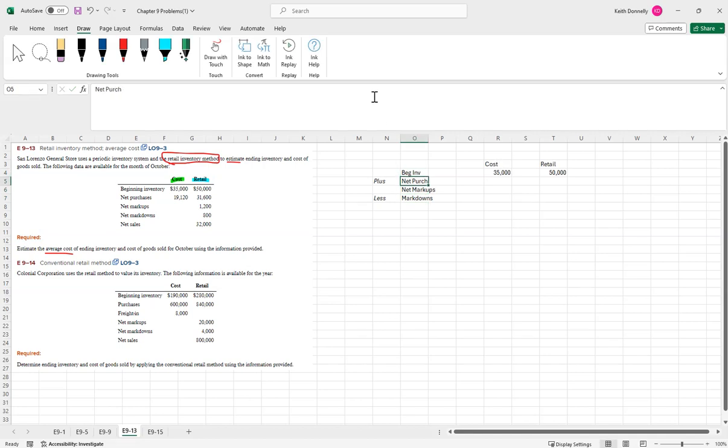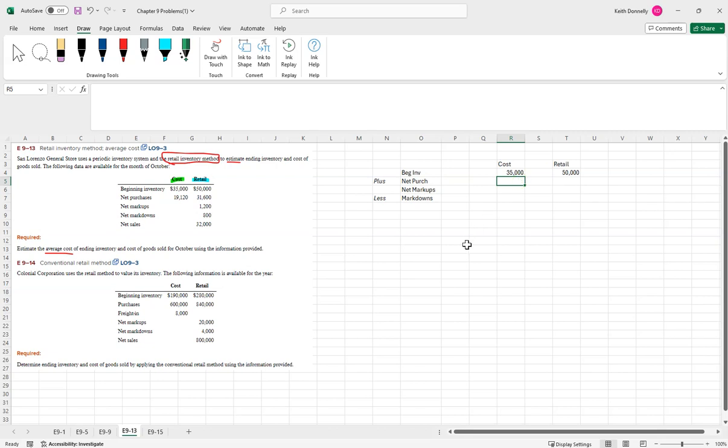So you have to be careful where you drag this stuff over. The net purchases under cost are 19,120. Under retail are 31,600. With regard to the markups and markdowns, this only is going to affect the retail column. You're not going to put anything in cost for it.